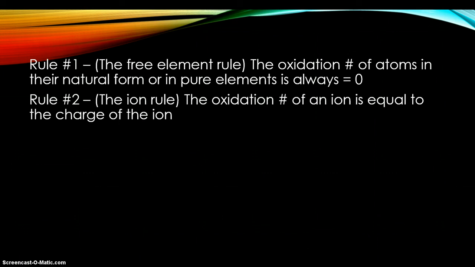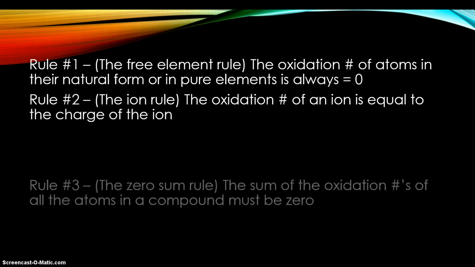So 1 for 1 electron, 2 for 2 electrons. So I get a positive 2 to tell me that I've lost 2 electrons, or that 2 electrons have moved away. And the reverse would apply if you had, say, a non-metal that's gaining electrons. So if I had something like chlorine that's gaining 1 electron and it ends up with a -1 charge, then its oxidation number will be -1.